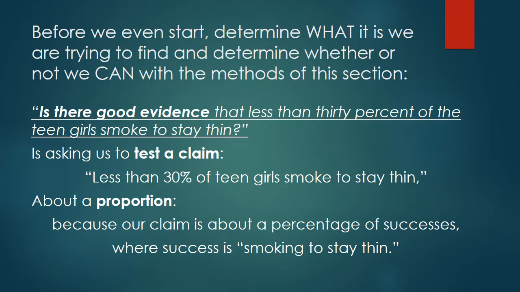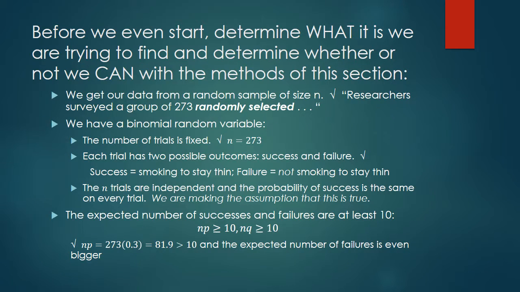So we are conducting a hypothesis test about a population proportion. We are asking if there is evidence to support the claim that some percentage of a population has a certain characteristic. Now we need to make sure that we can actually use the calculator button I'm going to show you.